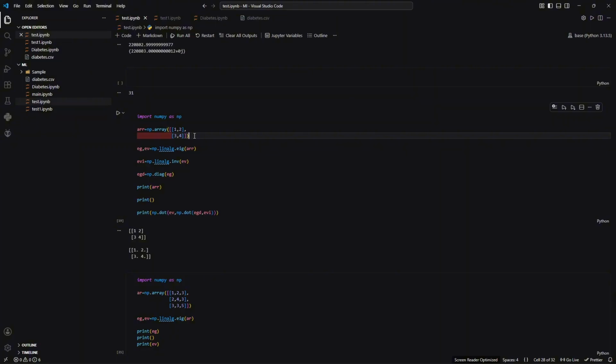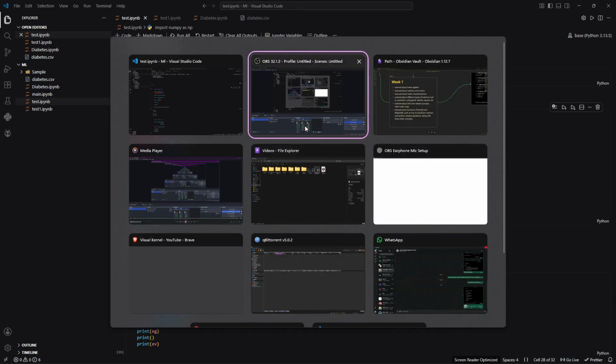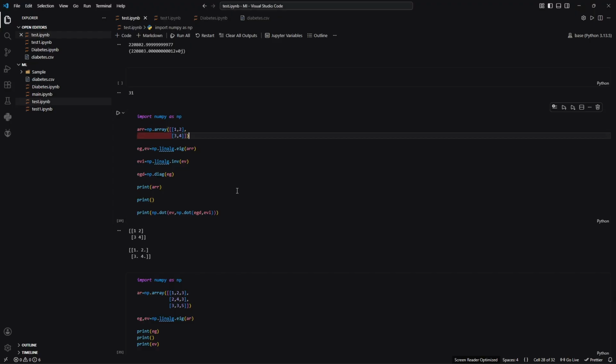After that, we also have some examples of these functions. Here I tried to do the inverse of the eigenvector matrix. I wanted to prove the theorem here.